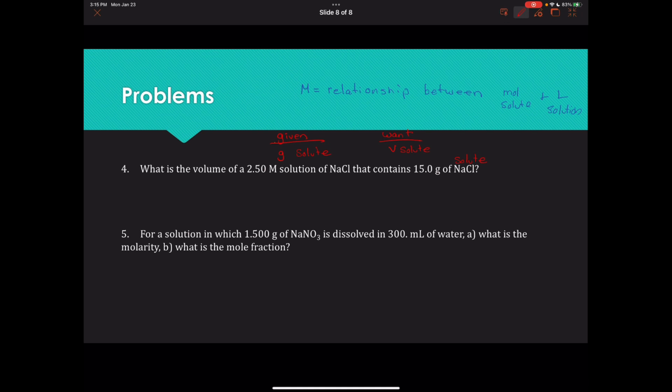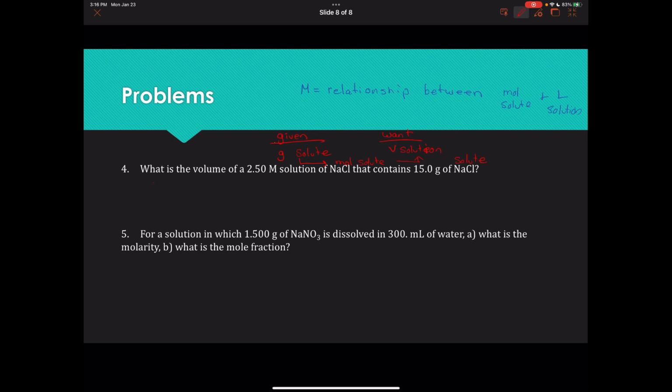The only thing I have that relates my solute to my solution is that molarity. So we're going to convert grams of solute to moles of solute, and then moles of solute to volume. Again, these should be review. You would have seen these in your first semester chemistry course.